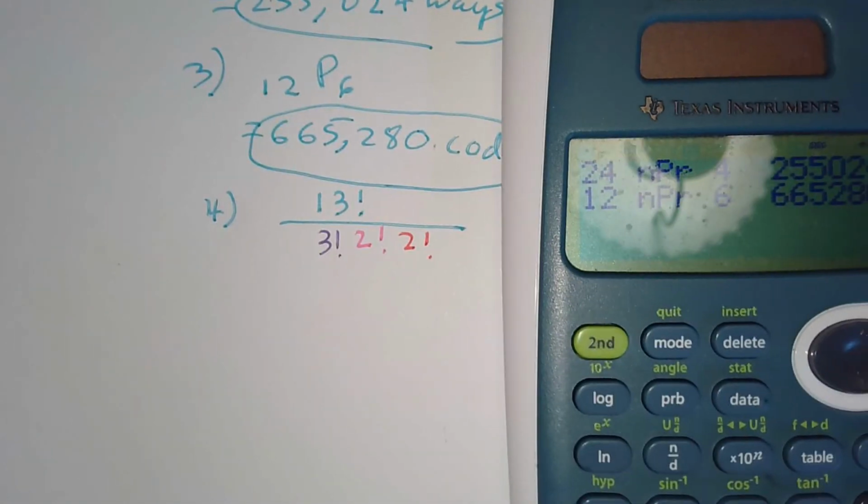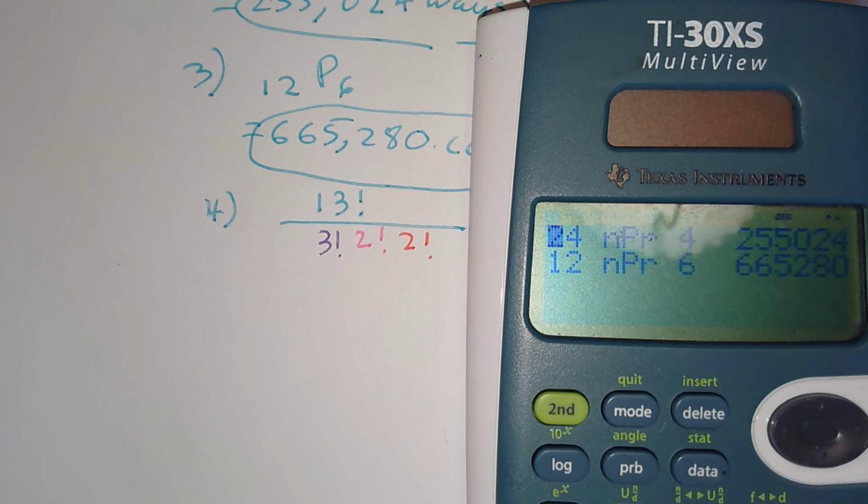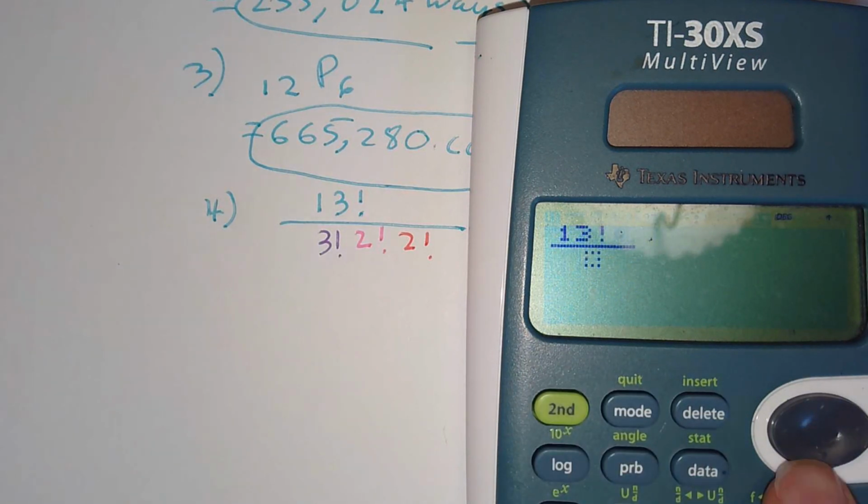Okay, so we'll have to put that as a fraction in our calculator. So we're going to hit our fraction key. And I'm going to do 13, and remember, option 3 is our factorial. And I'm going to put 3, option 3, 2, option 3, and another 2.